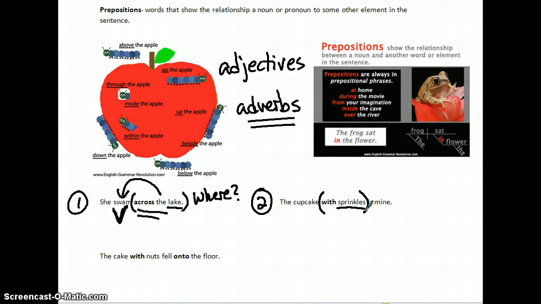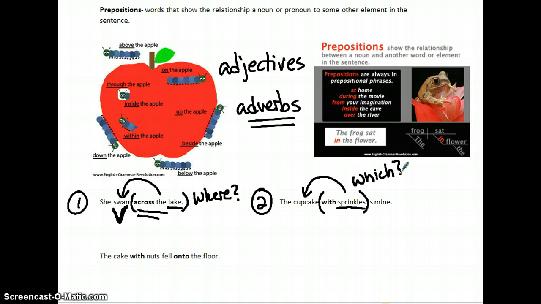Now, in this case, just like with the first example, we need to ask ourselves, what is it modifying in the sentence? What part of the sentence is it showing relationship to? What other element? Okay? It's showing us the relationship of sprinkles to what? Hopefully you realize that with sprinkles answers the question, which cupcake?